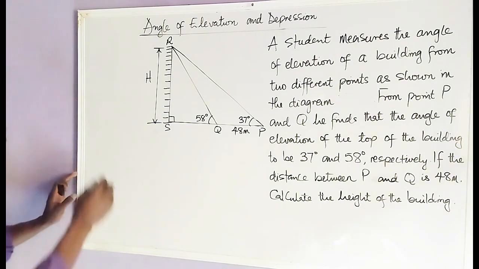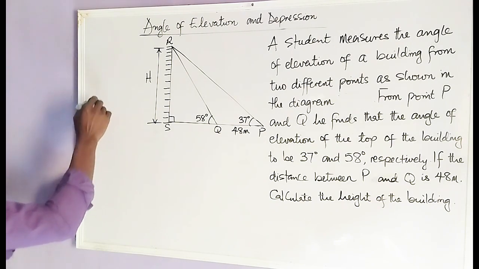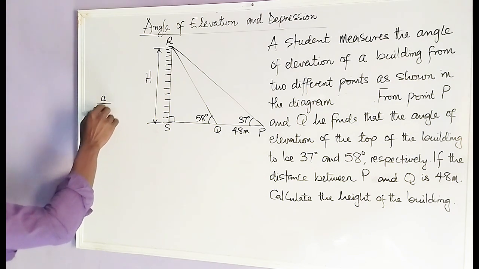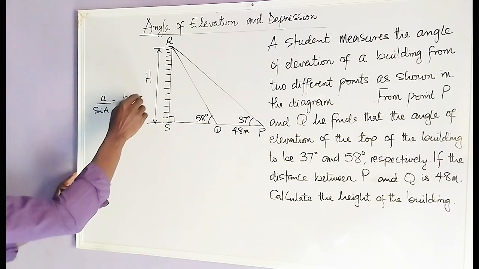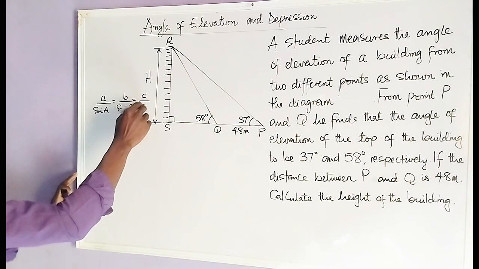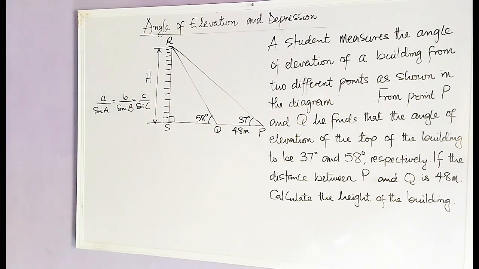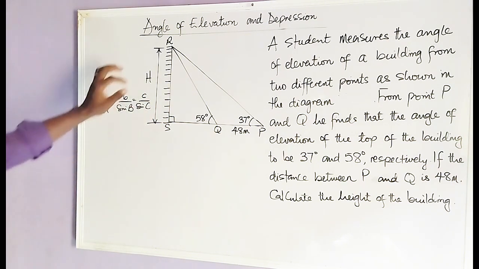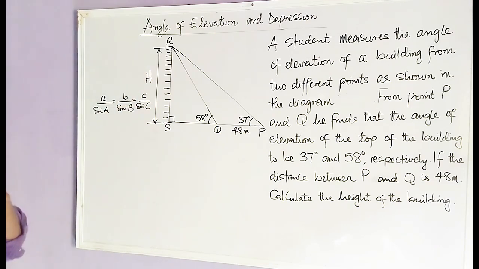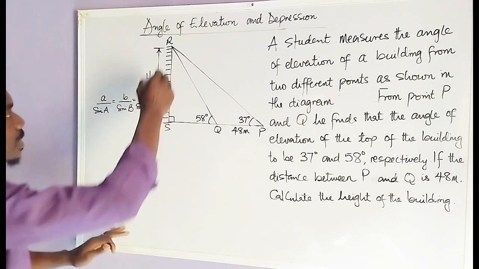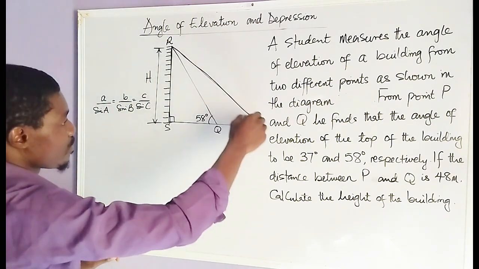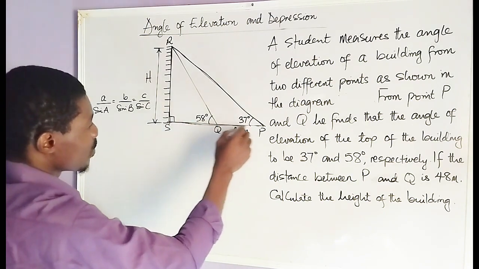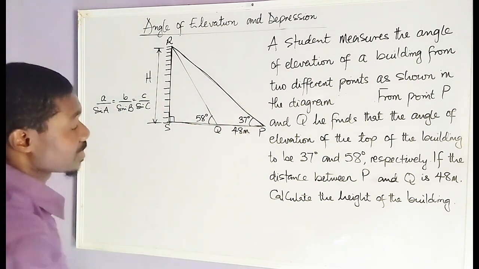By the sine rule, we have a over sine A equals b over sine B equals c over sine capital C. Now, since we are looking for this height here, let's consider this triangle RPS.